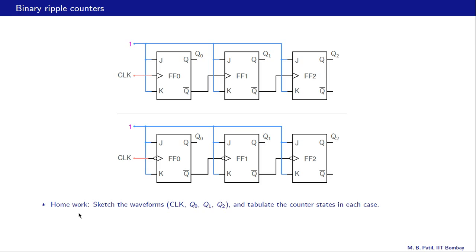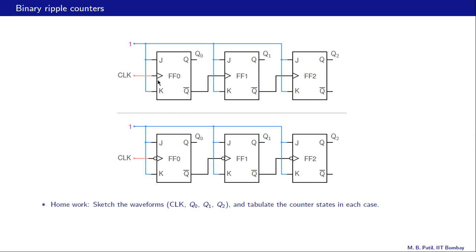There is some homework. Sketch the waveforms, that is clock, Q0, Q1, Q2 with time, and tabulate the counter states in each case. What is the difference between these counters and the ones we have seen earlier? In these counters also we have J and K connected together and connected to 1. The clock goes to the first flip-flop.